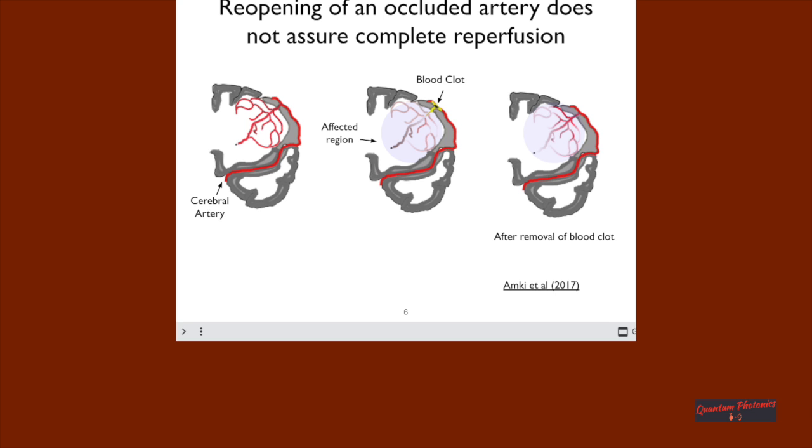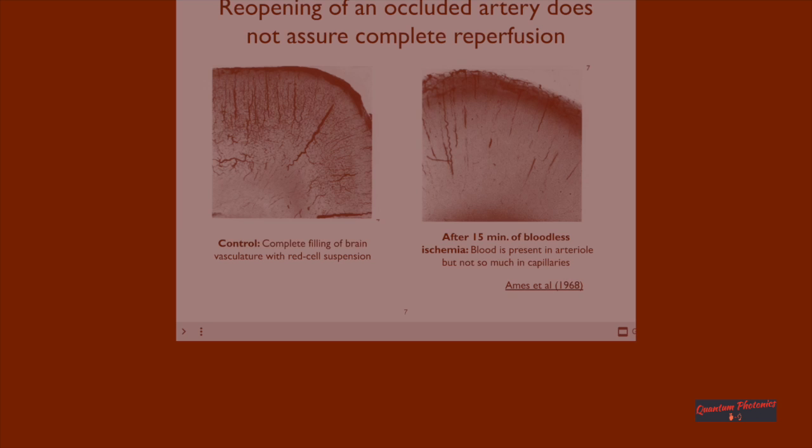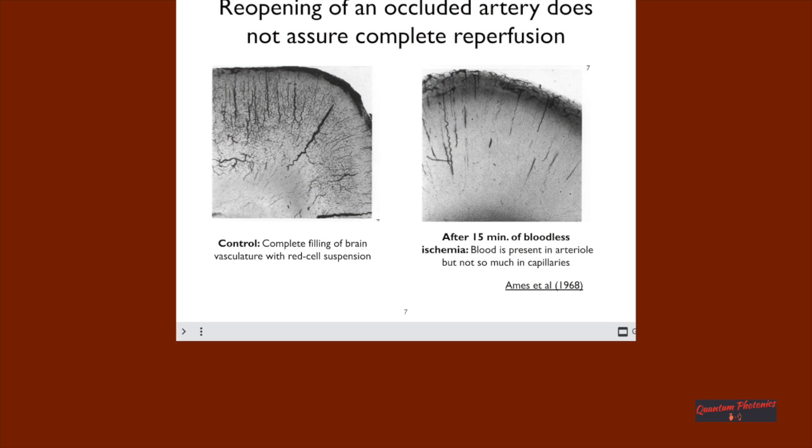If you go to slide 7, I have shown an actual sample of the brain microvasculature, which shows this particular property. One can see that in the left slide of the microvasculature, which is the control picture of the brain microvasculature, the network or the vasculature is completely filled with blood.